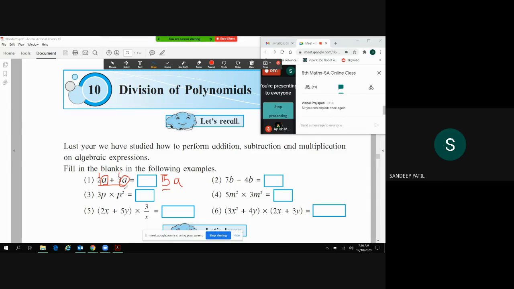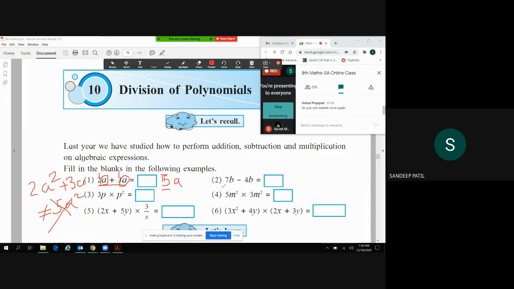If instead of that, I put 2a square plus 3a, then we can't write 5a or 5a square, right? This is wrong. This is not correct. So what is the main thing? हाँ, main thing क्या देखनी है कि जो variable है वो same होनी चाहिए.